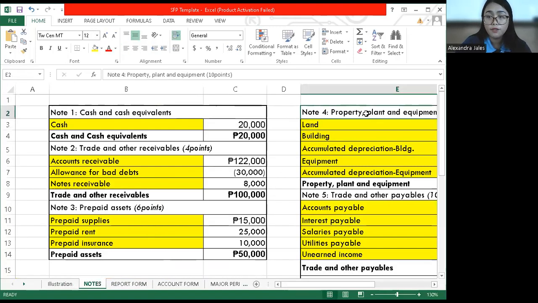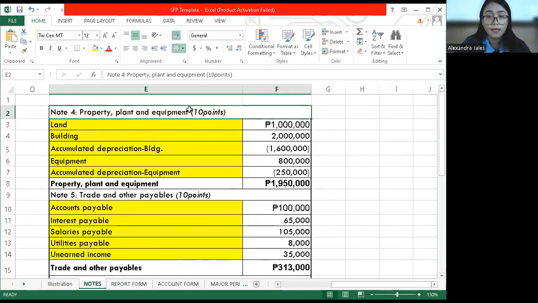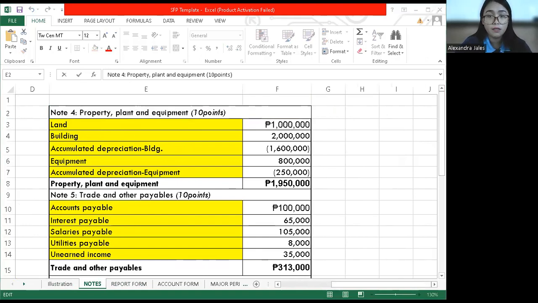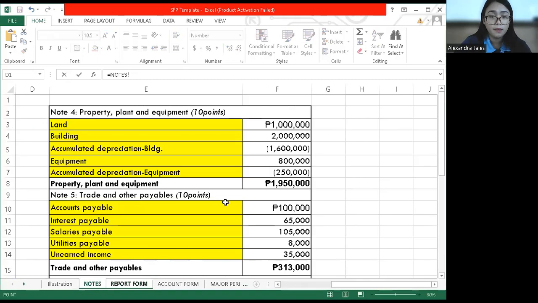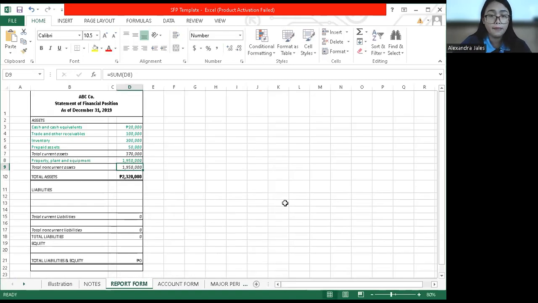Again, we have to use this word for our accounts there. So what is our total property and plant? That would be 1,950,000 pesos.